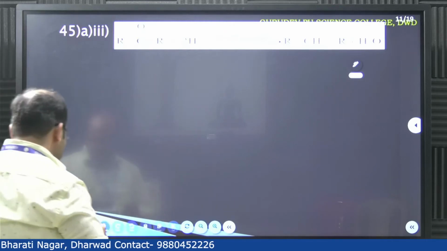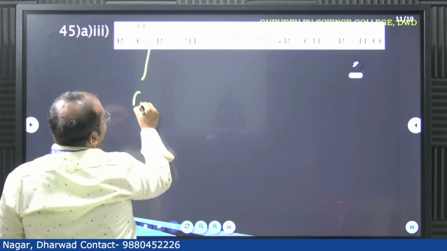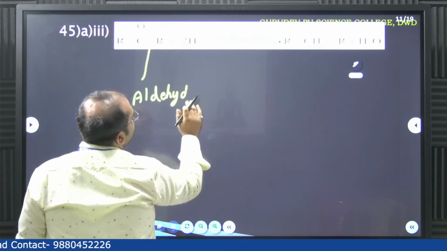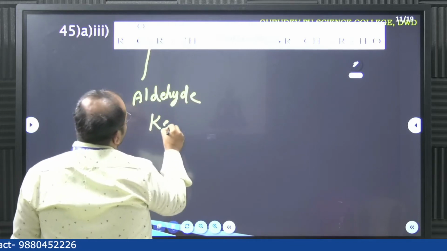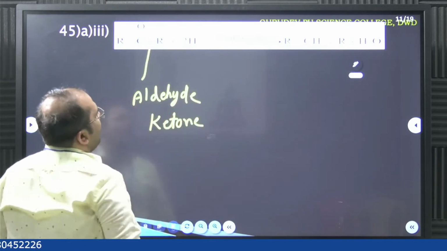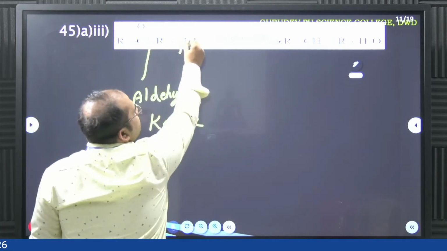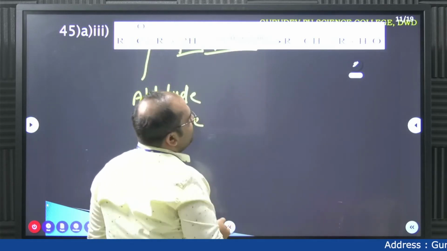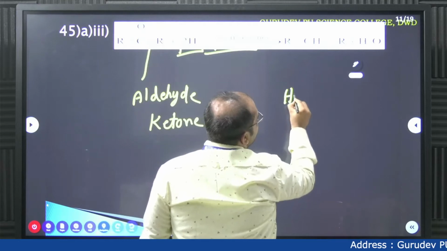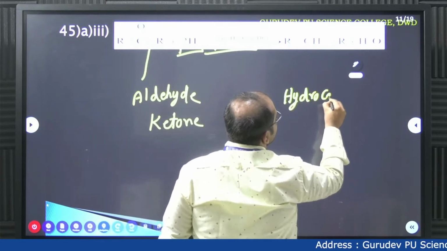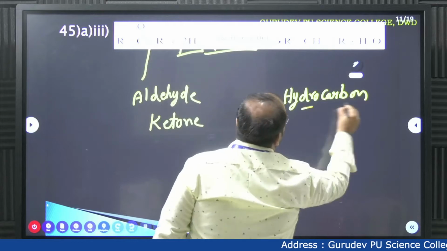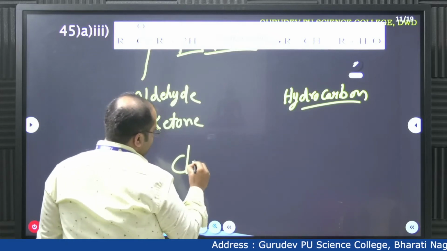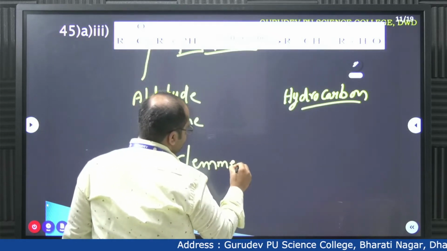Here it is very clear that if you are considering the aldehyde or the ketonic group, it undergoes reduction, that is addition of hydrogen, in the presence of zinc amalgam, and the formation of the hydrocarbon takes place. It is clear that this is the Clemmensen reduction.